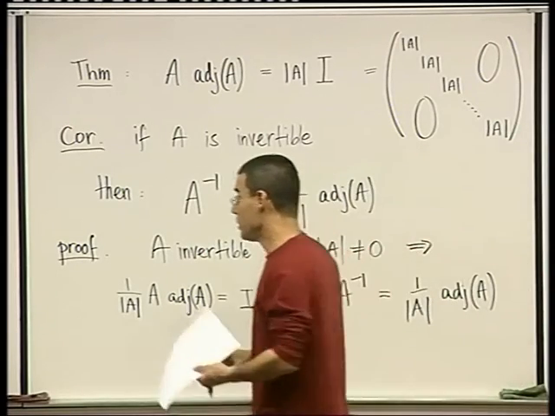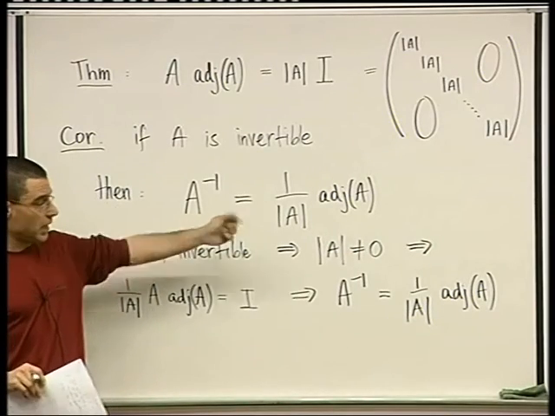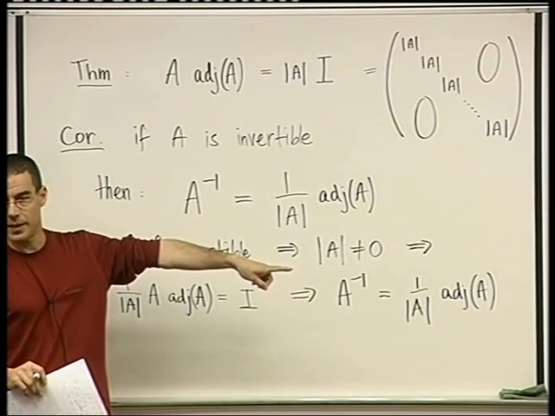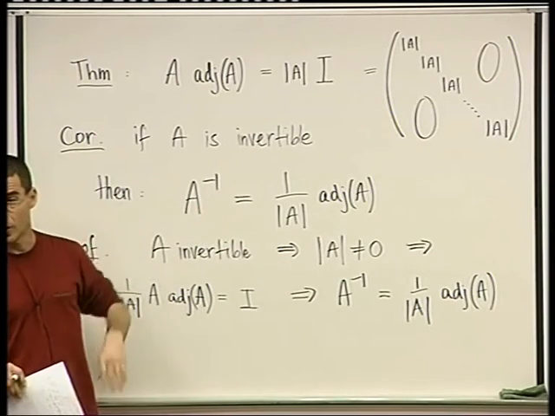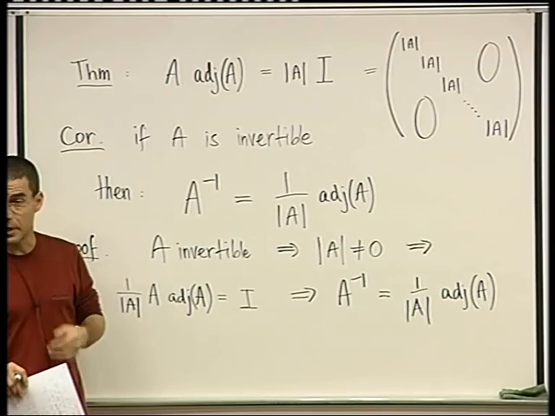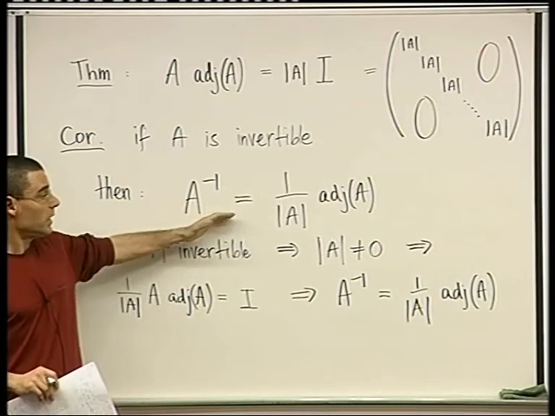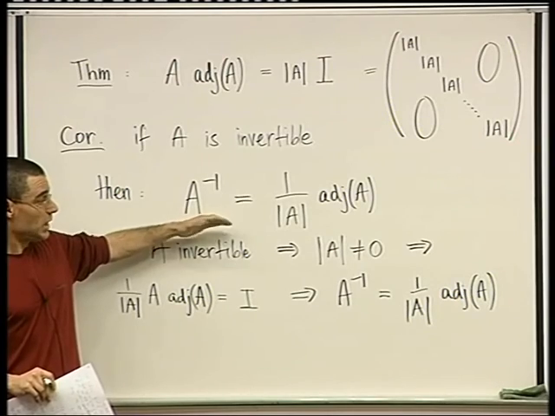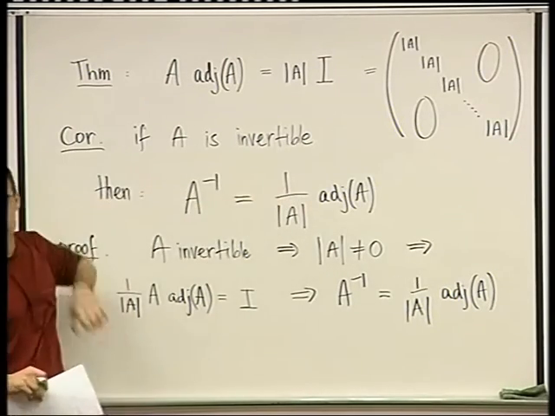Okay. So honestly, I don't calculate inverse matrices like this. I always do the previous way, writing A alongside I and doing the row operations. But this is useful, especially in theoretical statements, where you can just substitute this for A inverse.